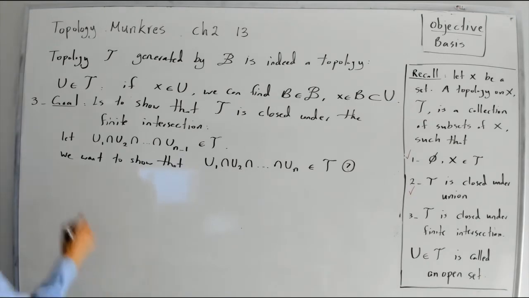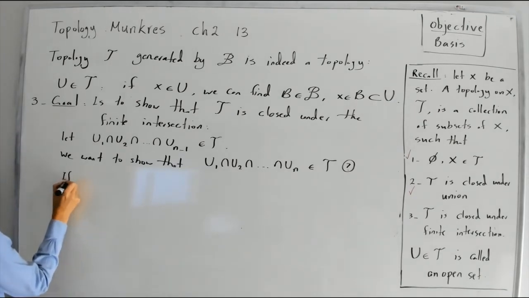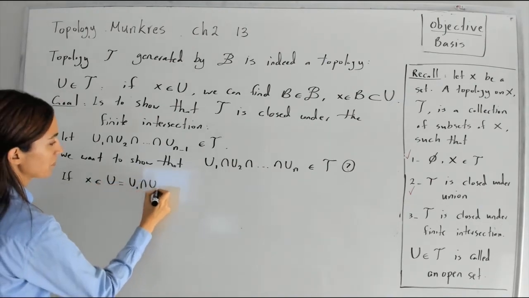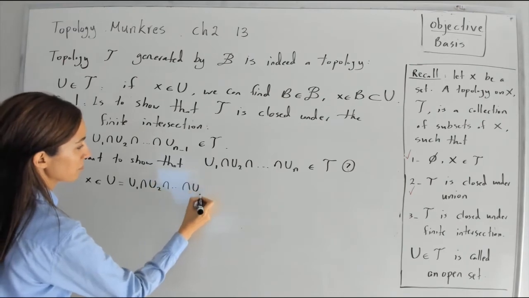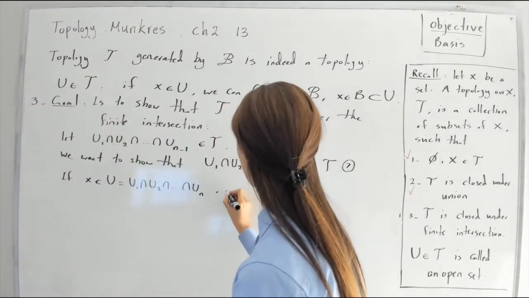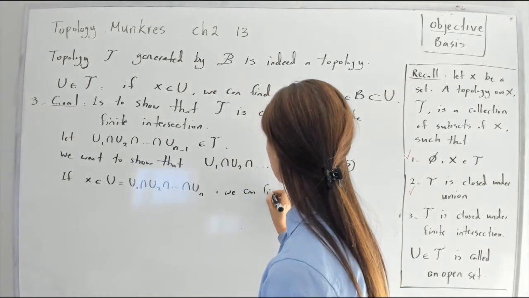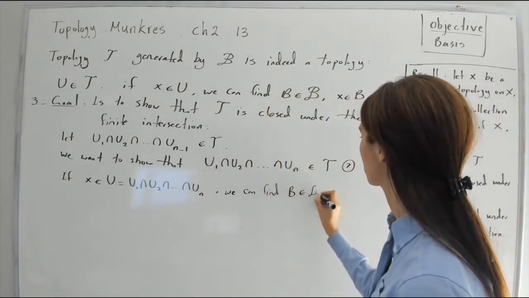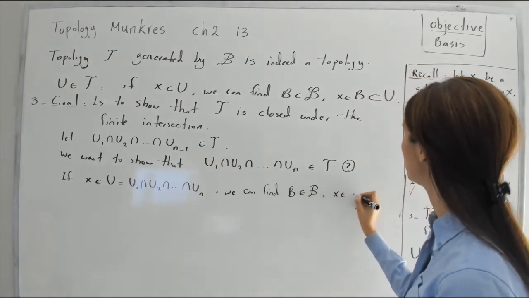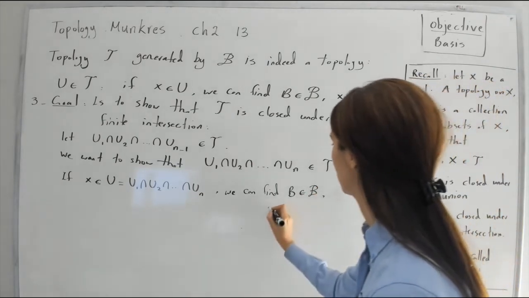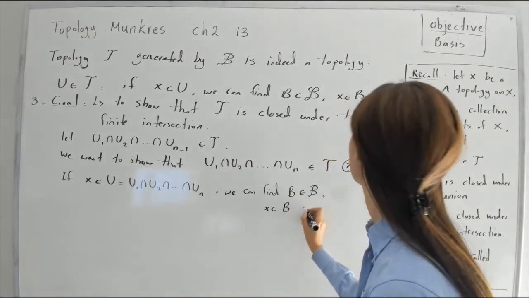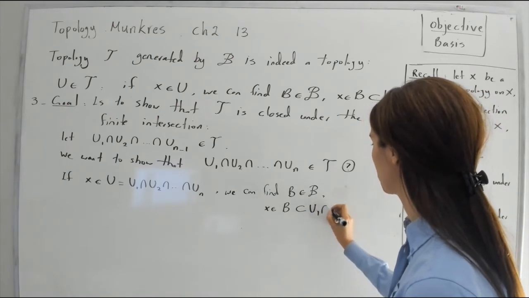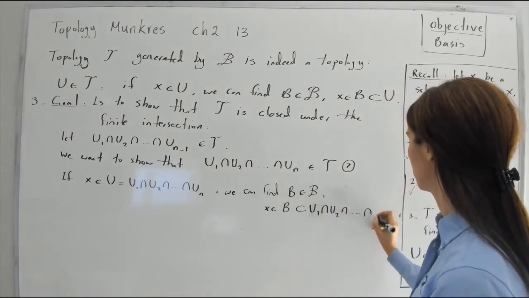So it means that if X belongs to this intersection, we can find a basis element like B such that X is in B and it's included in the intersection U1, U2, UN.